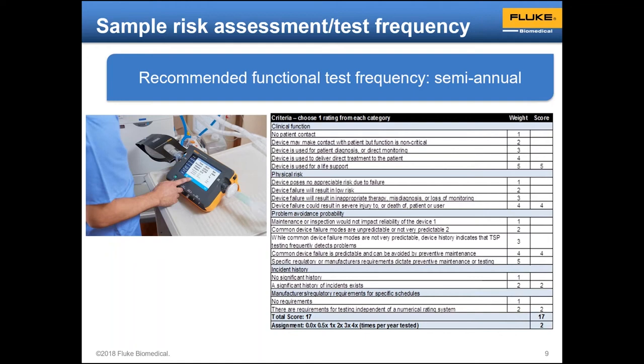Frankly, my opinion is I'm going to run electrical safety every time that I do the testing, because medical devices, especially ventilators right now, are in heavy use. They're used all the time, 24 hours a day, 7 days a week.